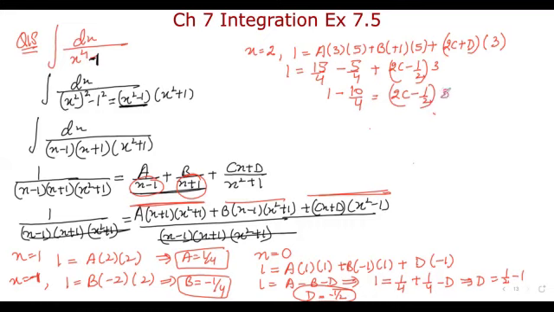So it will be minus 6 by 4. This side minus 6 by 4. This is 2C minus 1/2 into 3. 3 and 6 will cancel. This will be minus 2 and this will be minus 1/2.